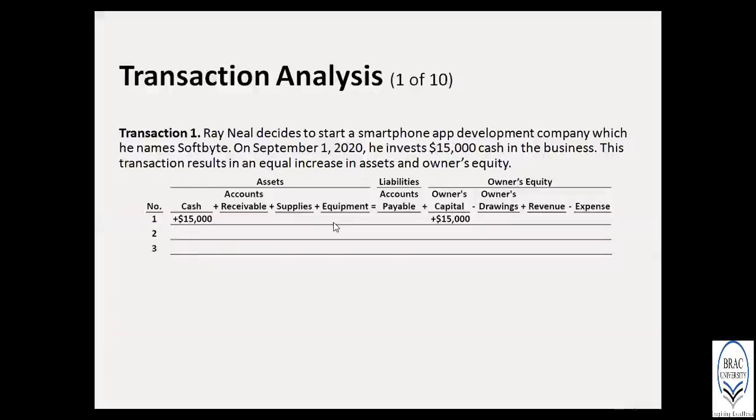Because he invested the $15,000 in the company, his owner's capital in the company also increased by $15,000, as we can see here in the accounting equation. After the transaction, we can see both sides of the equation are equal. Student, you have to remember that after every transaction, both sides of the equation have to be equal. It is one of the important steps of the accounting equation to remember.